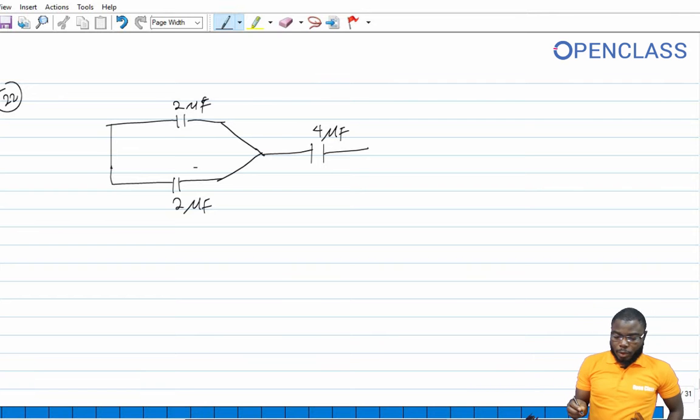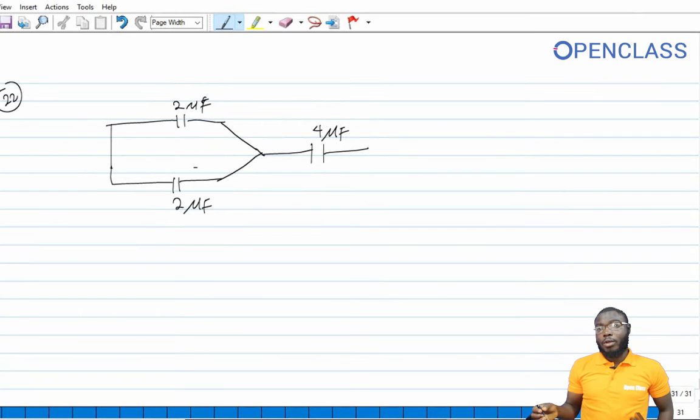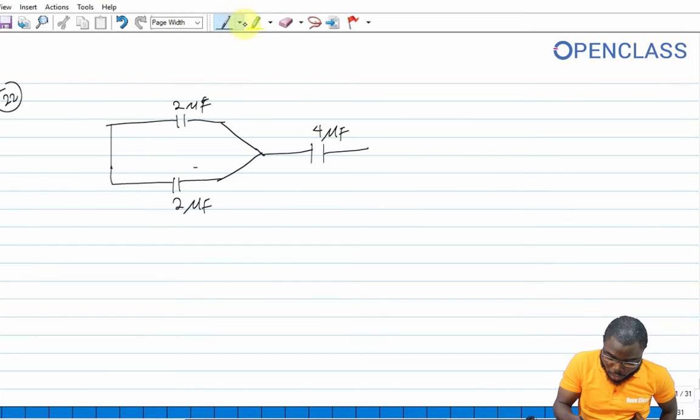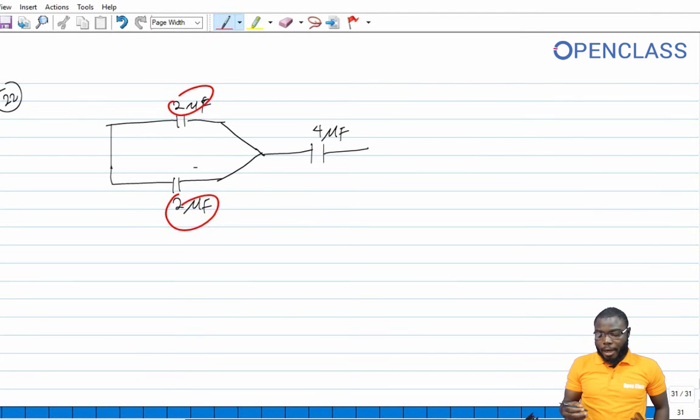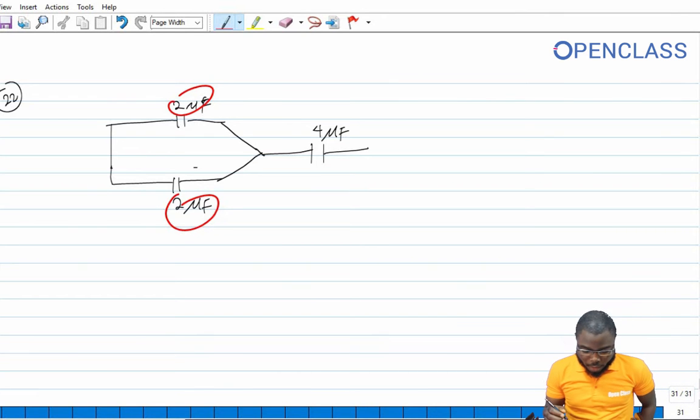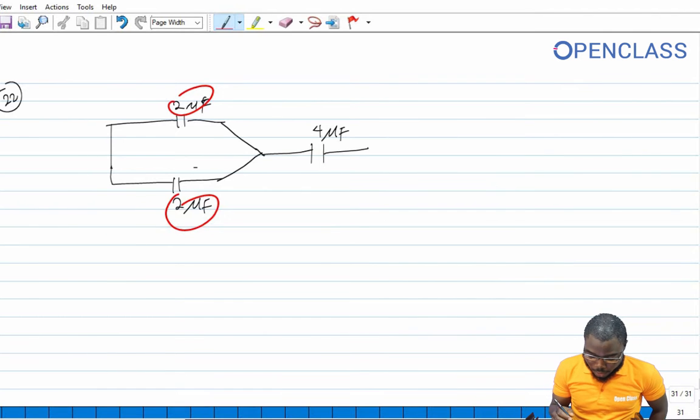So to calculate the equivalent capacitance in the circuit, we will first do the ones in parallel, and then we will join it up with the one in series. So this guy and this guy are in parallel, so we'll do the equivalent of the ones in parallel, then we'll do the one in series.